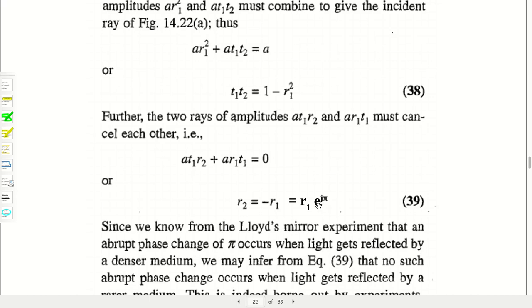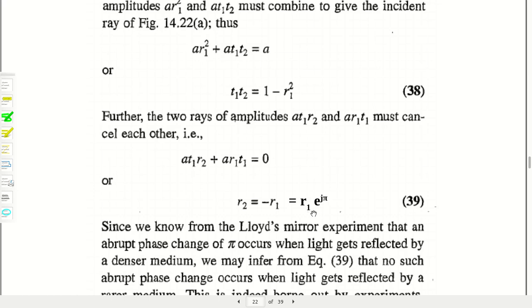So e to the power j pi signifies the phase difference between R1 and R2, which is pi. Okay, this is the phase part. So a pi phase difference happened due to the reflection from the rays which are coming from 1 to 2 or 2 to 1.